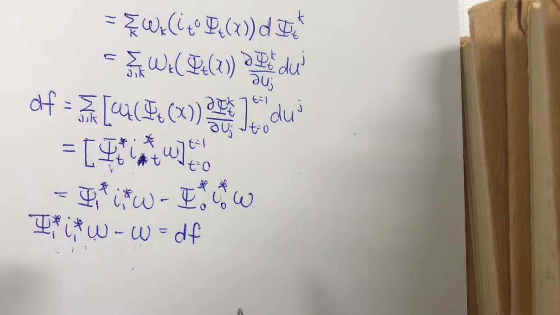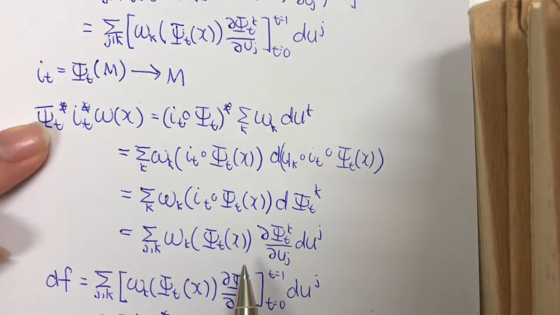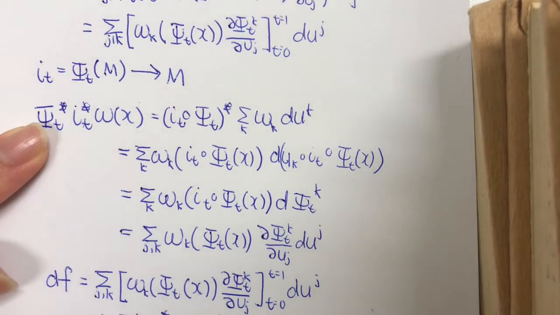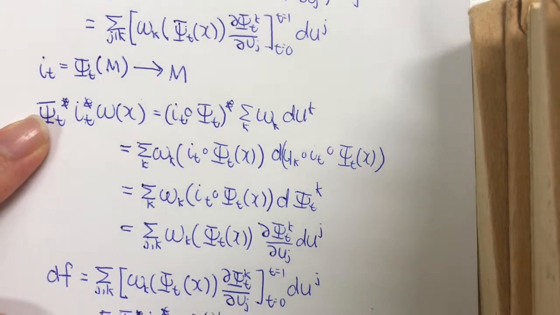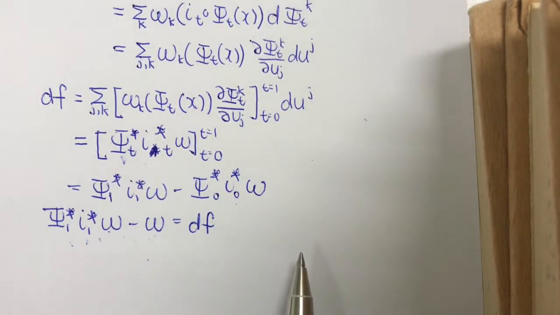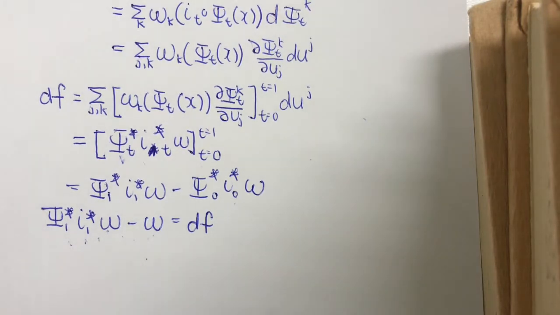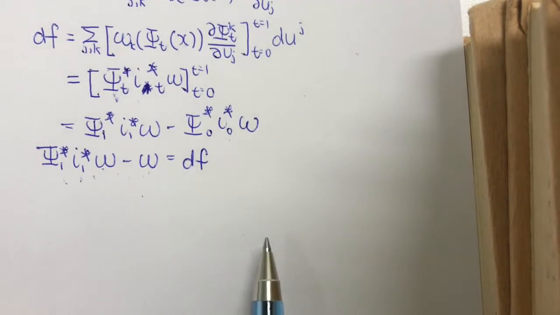However, previously we have only assumed that psi t can be covered by a single coordinate chart. Now we further generalize that there might be finitely many local coordinate charts that can cover it, as psi t is compact.